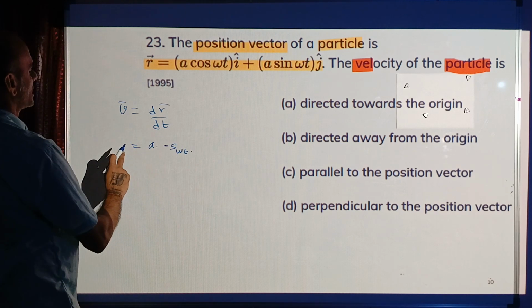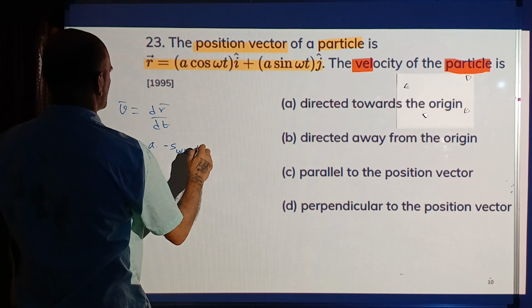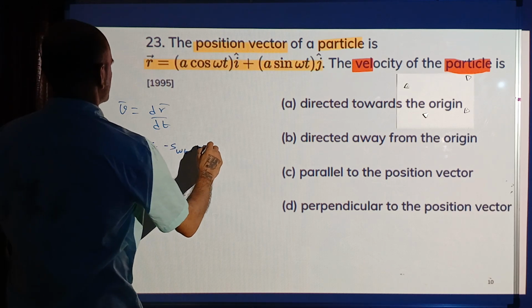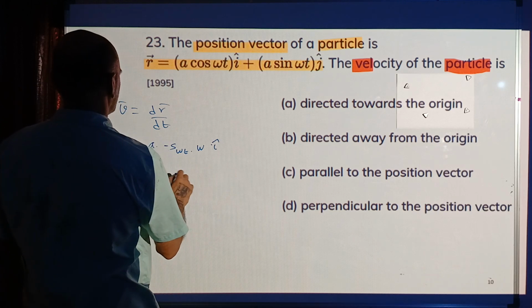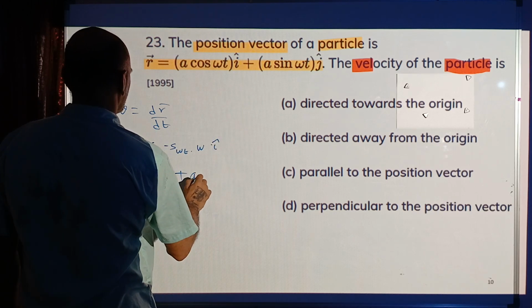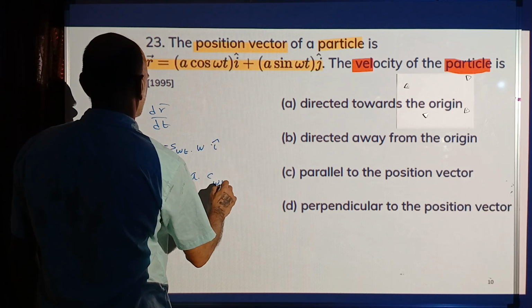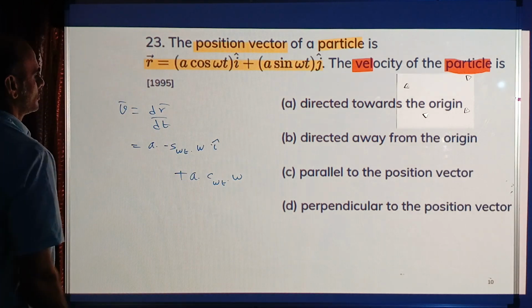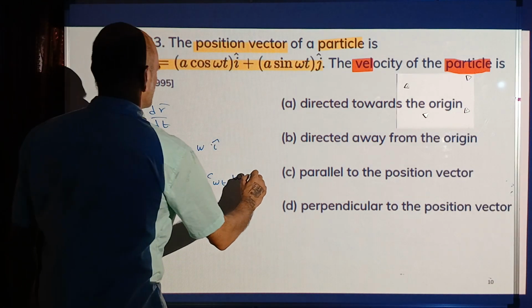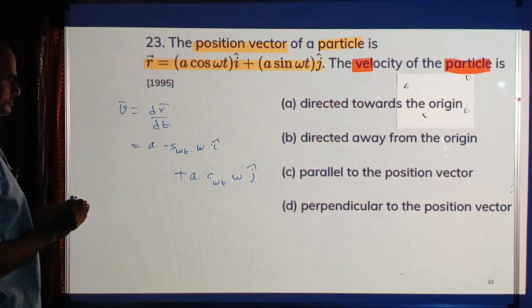And differentiate with respect to time. So you have to differentiate this omega t. So that will give me omega. So this into i cap plus the second term A, derivative of sine is cos, and then omega, because you have to differentiate this thing with respect to time, into j cap.